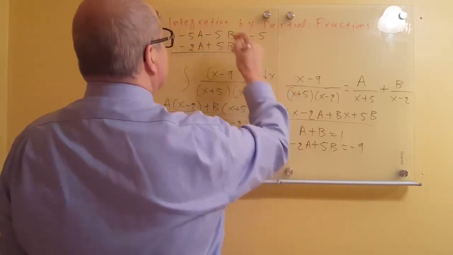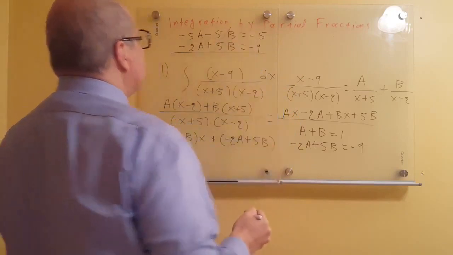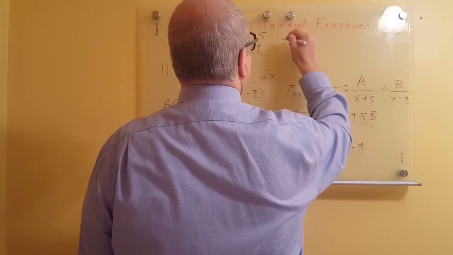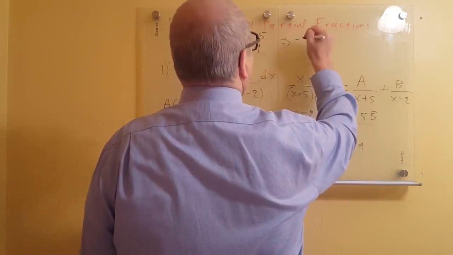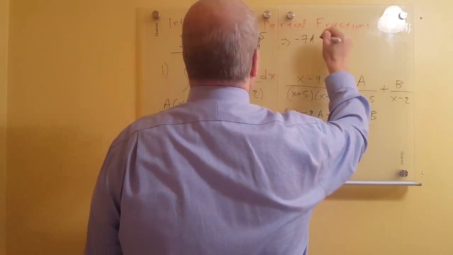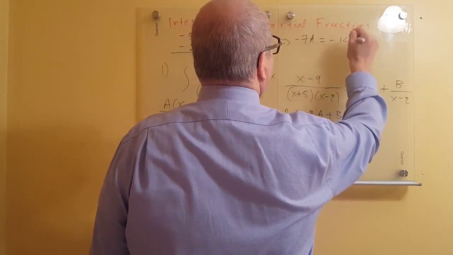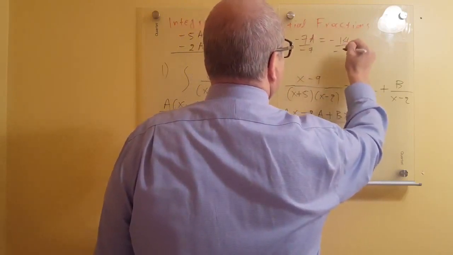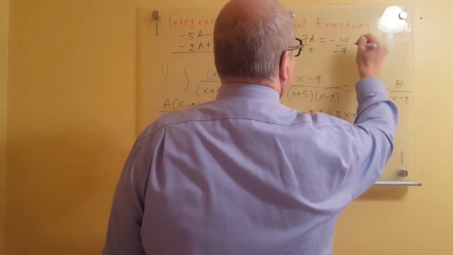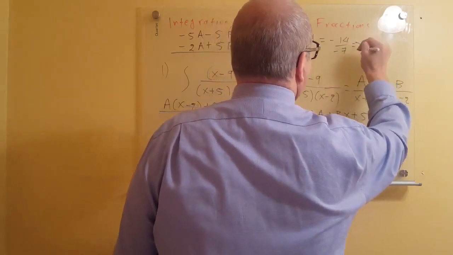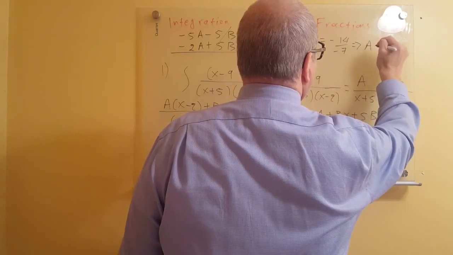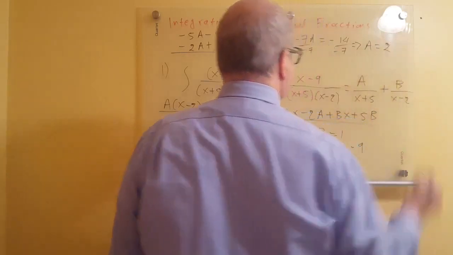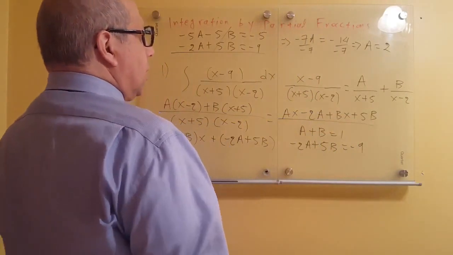If you add these two, the b terms cancel, and we have that -7a is equal to -14, and of course that gives us that a is equal to 2.